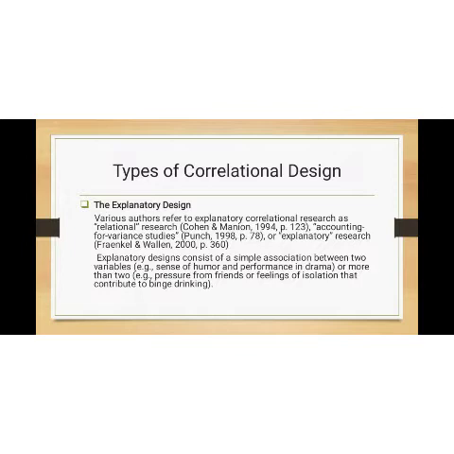One of the researchers is Cohen and Manion, 1994. Various authors refer to explanatory correlational research as relational research because one basic objective of this form of correlational research is to explain the association between or among variables.